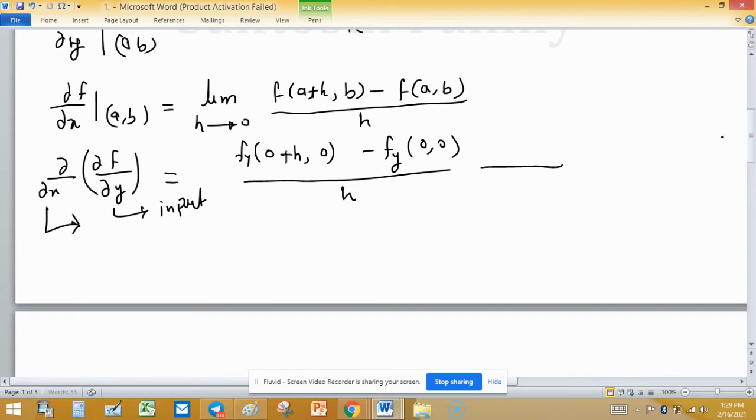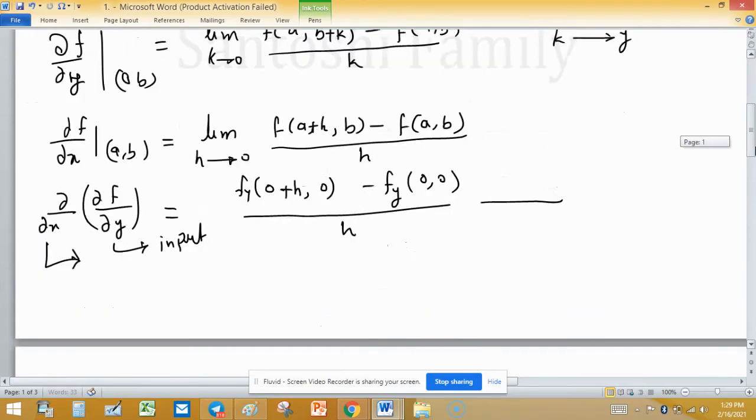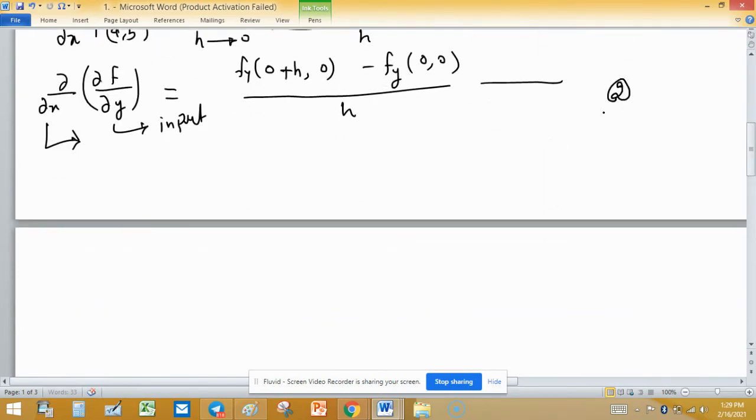Now let us suppose this is equation 2, and we need to calculate this expression.